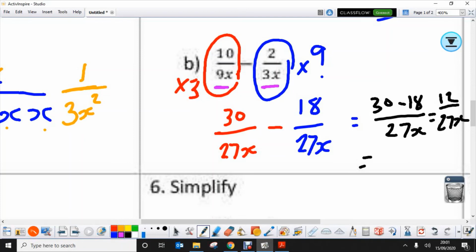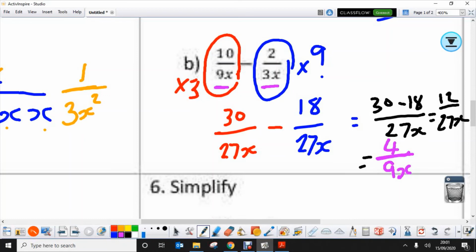Now, that's almost done. Always think, does anything divide into the top and the bottom? In this case, 2 doesn't. Does 3? Well, 3 goes into 12 4 times, and 3 goes into 27 9 times, so I'm left with 4 over 9x.